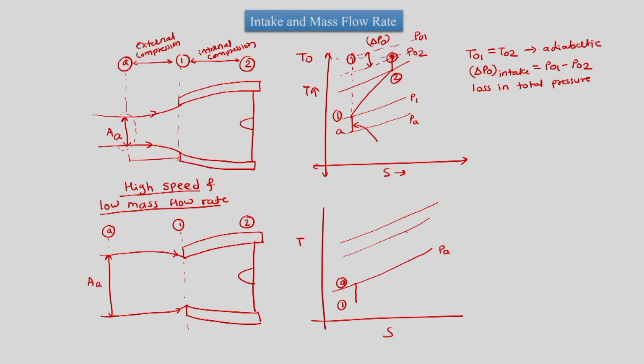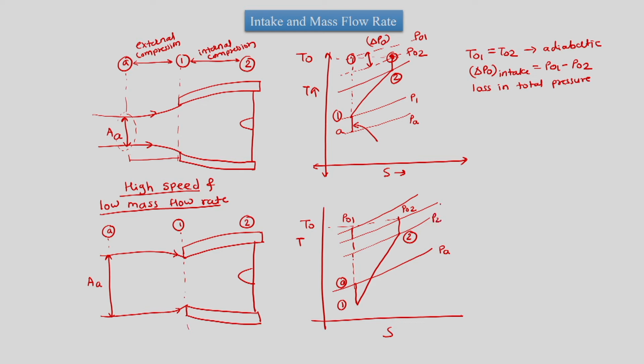In reality we would reach 2, but if we would have followed the isentropic path, then we would have reached this as P naught 1, and now we would have reached P naught 2 here, but both would have the same total temperature.